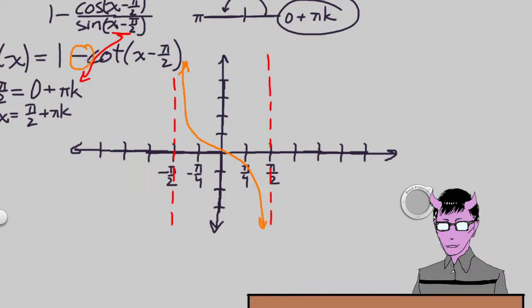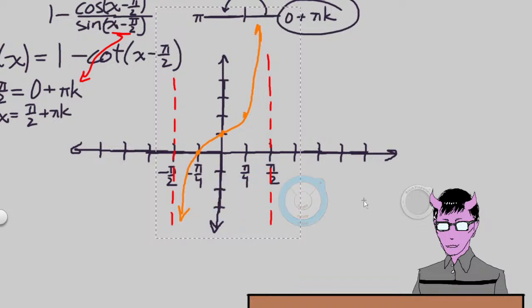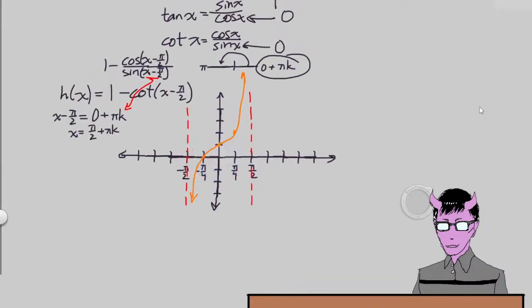But now that we acknowledge this negative reflection, we need to reflect the whole thing across the horizontal. So it actually does end up looking like a tangent function in the end, which is just coincidental. And then we have an upward shift of +1, so we take this entire thing and move it up 1 space. And there it is. We should be good to go.